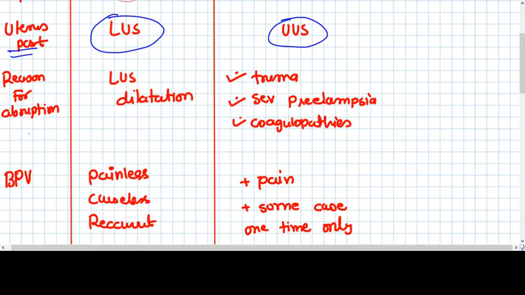Why does the separation happen? As we have discussed, in placenta previa the lower uterine segment dilates in late pregnancy, and that's why both surfaces cannot cope with each other, so separation happens. In abruptio placenta, there is some cause, for example trauma, severe preeclampsia, coagulopathies. All these things are able to separate the placenta from its bed.